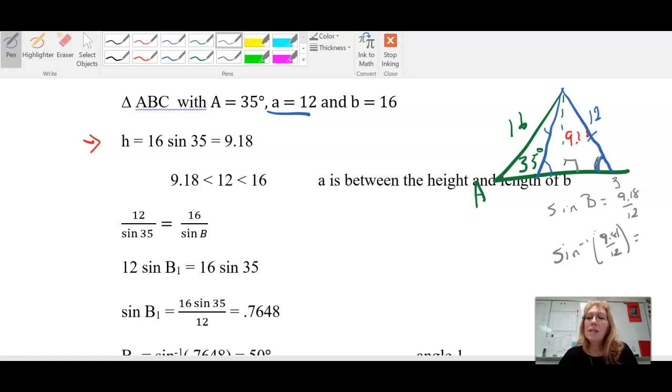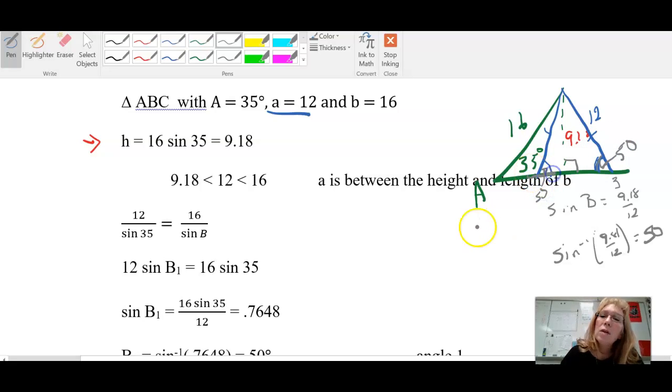When you do the sine, you get the exact same value as if you do it the other way, roughly 50 degrees. The part that I like about this is it makes finding the other part a little bit easier, because to me, I can understand this. So this guy right here is 50, and then this guy right here is 50.